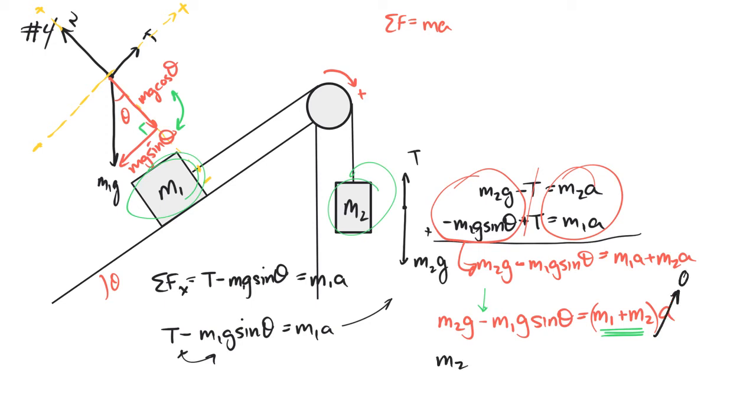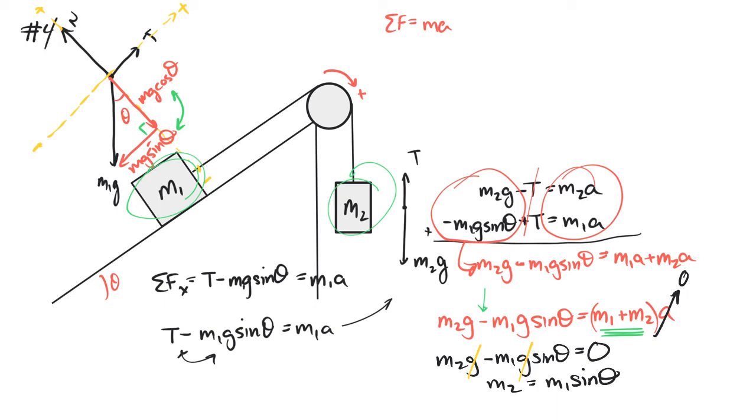So then I get m2g minus m1g sine theta equals 0. Cancel the g, and let's solve for theta. I'll get m2 equals m1 sine theta.